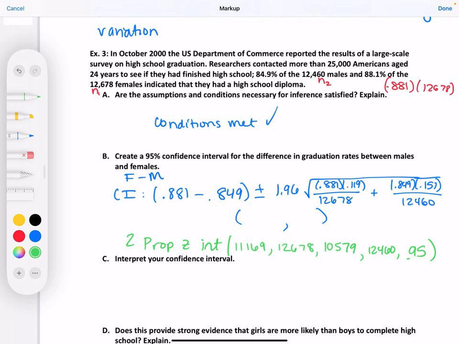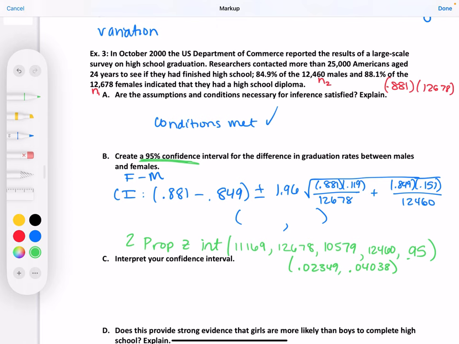And then you just have to put in your n2, and then I think it asks for your confidence level, which in this case they told us what they want. Yeah. So that would be your interval for 95% confidence.